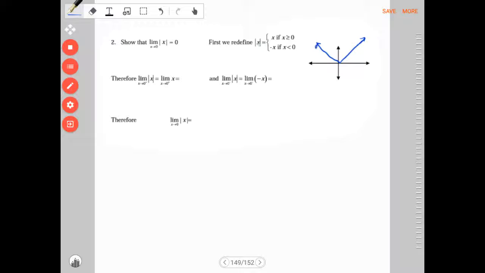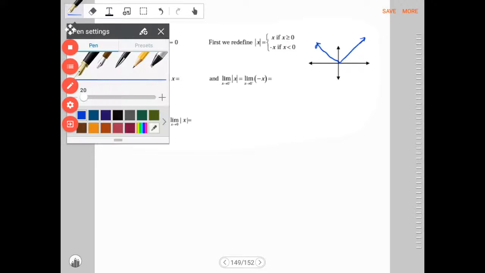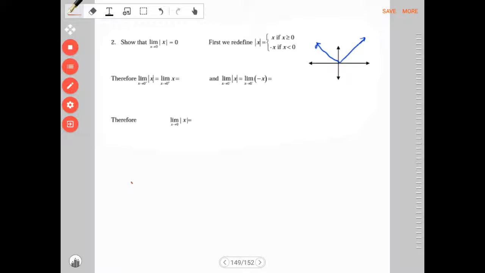Absolute x is just positive x if x is bigger than or equal to 0, so that's the positive x part. And of course, the absolute value is negative x, slope of negative 1, when x is less than or equal to 0.